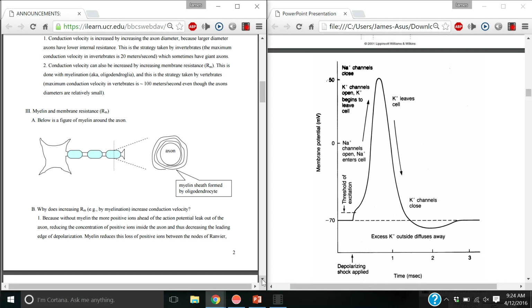And it's been calculated what the safety factor is from node of Ranvier to node of Ranvier. And it's such that the safety factor tends to be about the same across different axonal diameters and thus different lengths of oligodendrocytes. Does that make sense? It wasn't your question, but I thought I'd throw something else in anyway.